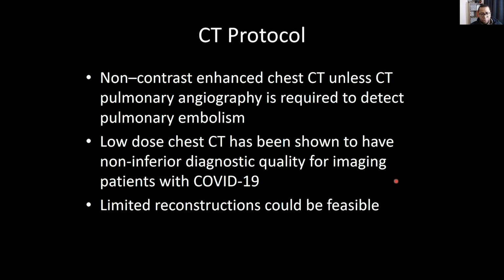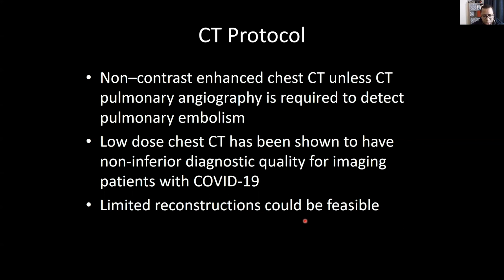So remember, as I showed you in some of the cases, some of these patients get recurrent imaging, so we need to be careful with dose. Some studies have reduced dose by up to 90% and still had non-inferior diagnostic ability. Remember, we don't know a lot of the long-term sequelae of COVID-19, so these patients might have to come back with repeated CTs. And lastly, limited reconstructions could be feasible.